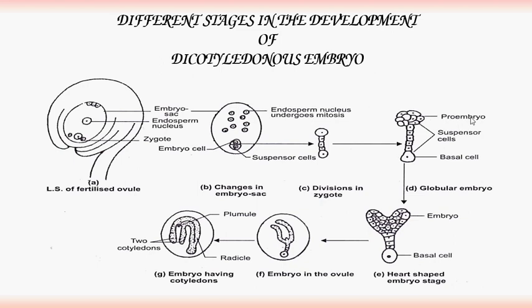So now here the word proembryony, that means early embryonic stages. Up to here the developments are similar in dicots as well as in monocots. Then it becomes a globular embryo and then a heart shaped embryo.